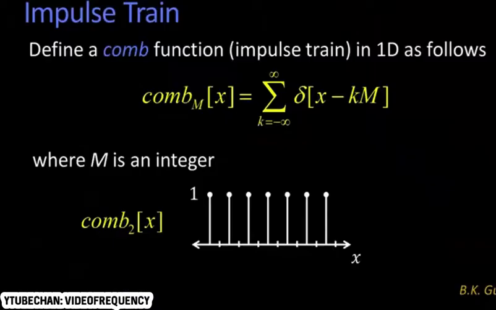Let's be big boys and girls. Let's do this in the frequency domain. A little bit of math. The first thing we need to do is define a comb function, which is the same thing as an impulse train. So a comb function is written like this. I'm not sure we've defined what this Kronecker delta function is.